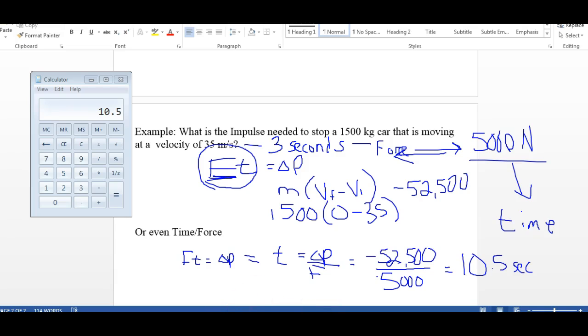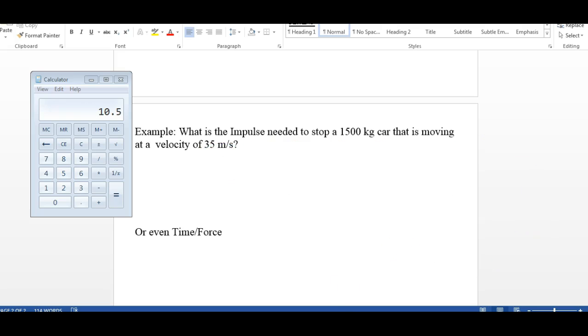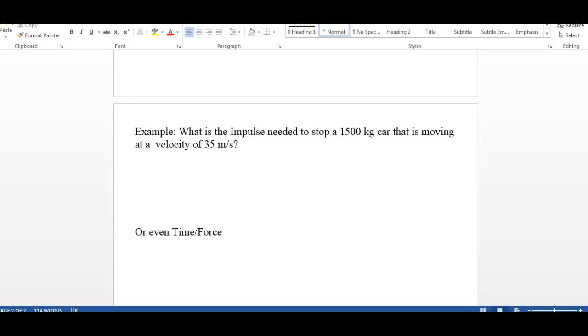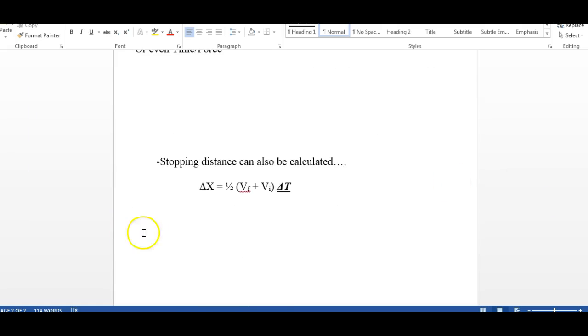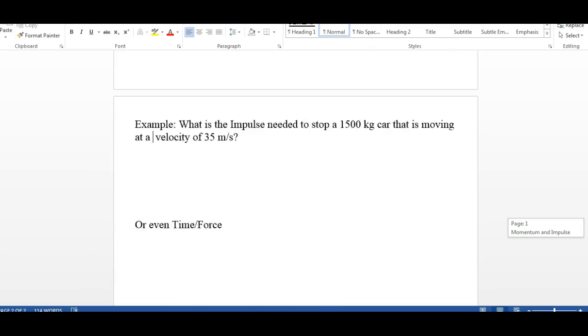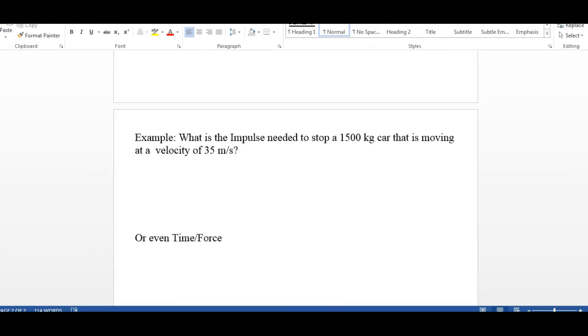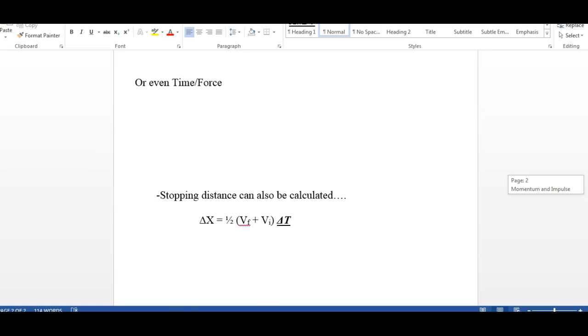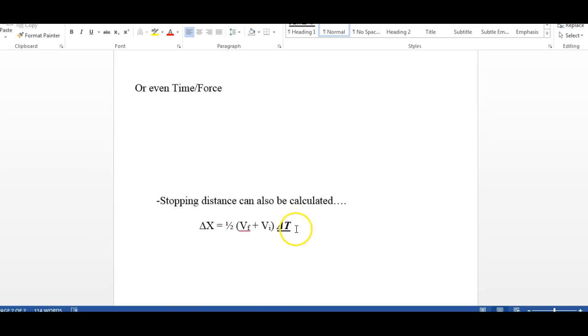There's one other thing that you need to know, and that's stopping distance. I'm going to erase this, and we'll move down here and we'll be done. This one says, what is the stopping distance? How far would it travel if we did all this? We just need the change in time, and we'll say it's the 5,000 newtons, which gives us 10.5.